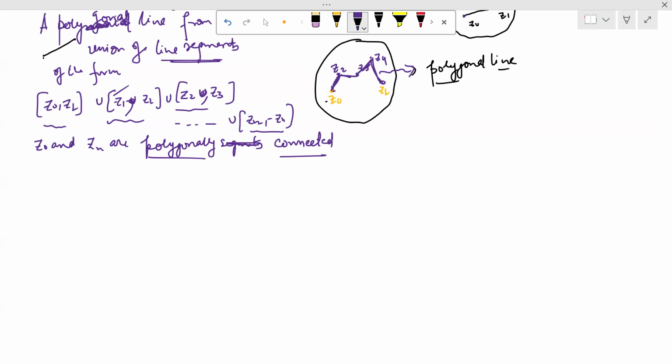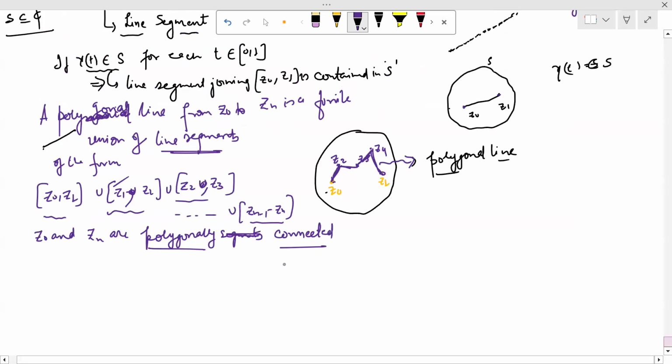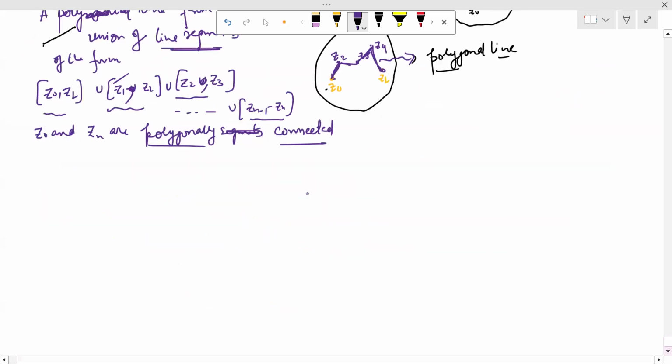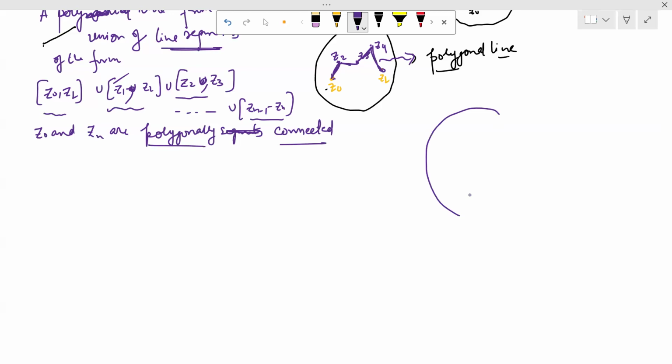So what does polygonal line mean? A polygonal line is nothing but a finite union of line segments of this form. This is how we say that Z0 and Zn are polygonally connected. Okay.